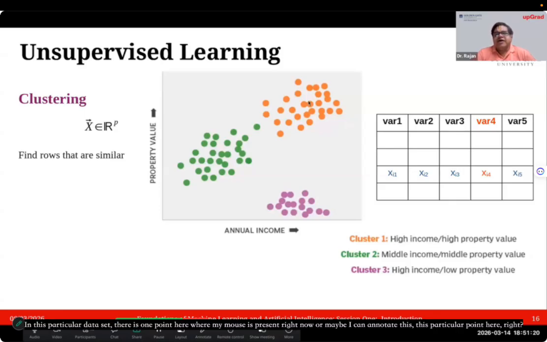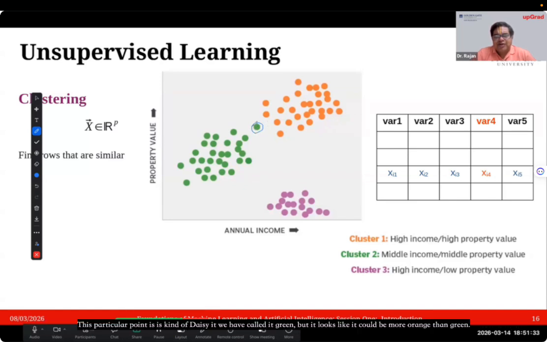In this particular data set, there is one point here where my mouse is present right now, or maybe I can annotate this. This particular point is kind of dicey.